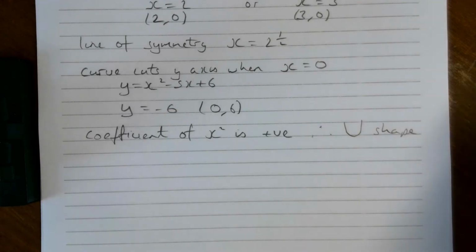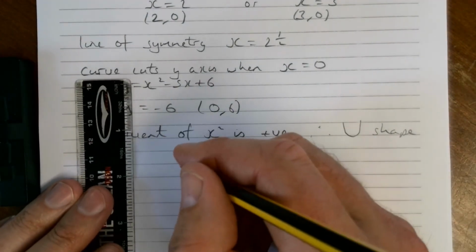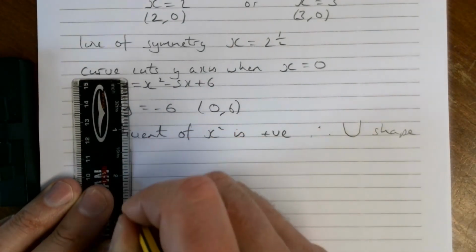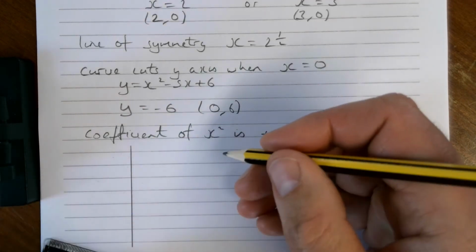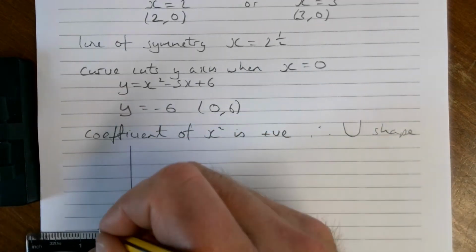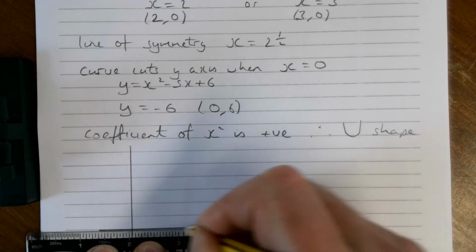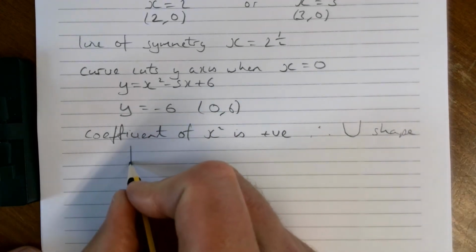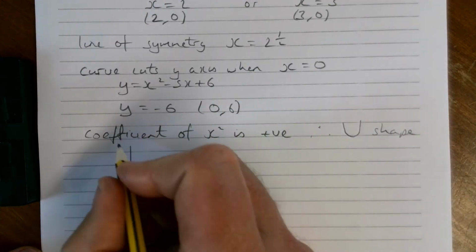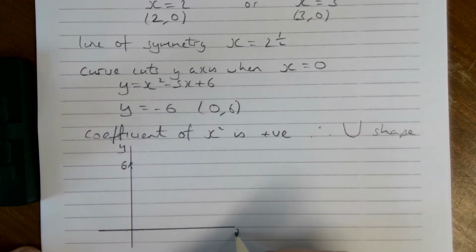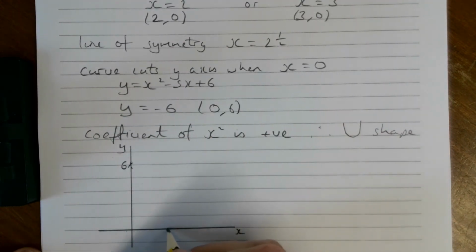So let's draw our curve and we will see what we have. So it's cutting our y-axis at 6. That's our y-axis there. Here's our x-axis. It's cutting our x-axis at 2 and at 3.